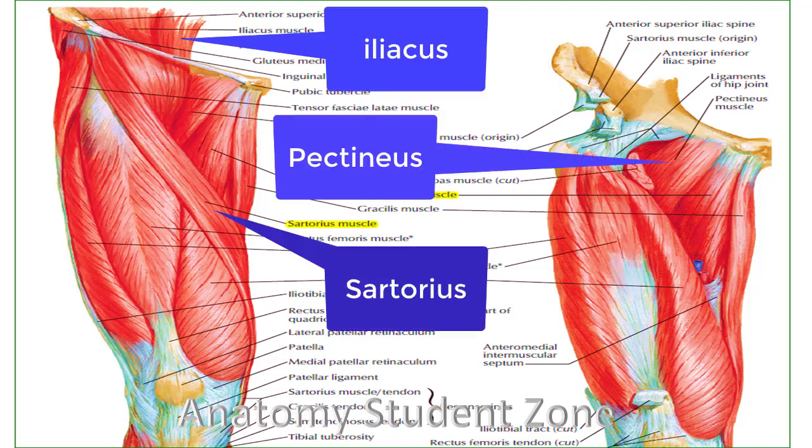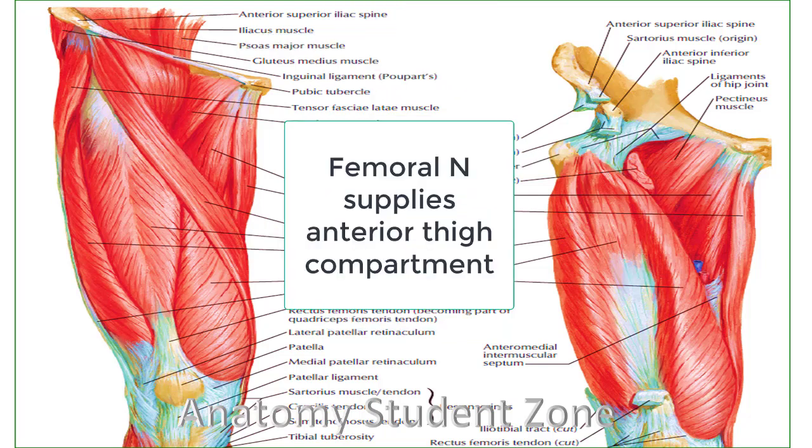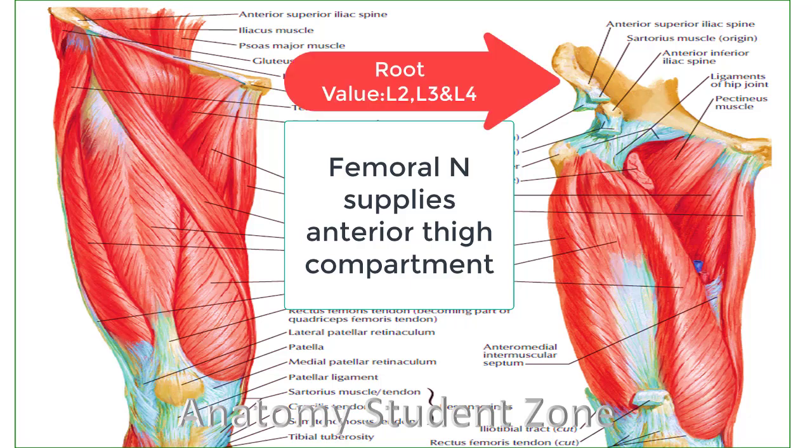These are muscles of the anterior compartment of the thigh, and these are innervated by the motor fibers of a single spinal nerve, and that nerve is the femoral nerve. This nerve has root values coming from the lumbar plexus, which are L2, L3, and L4. So the femoral nerve arises from the L2, L3 and L4 segments of the spinal cord, or I can say L2, L3 and L4 myotomes.